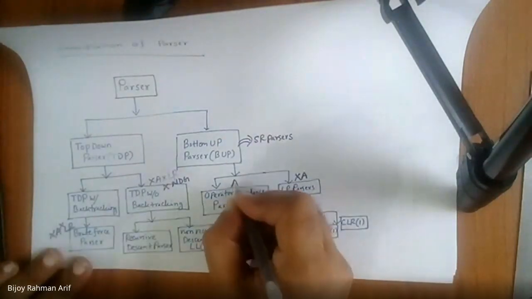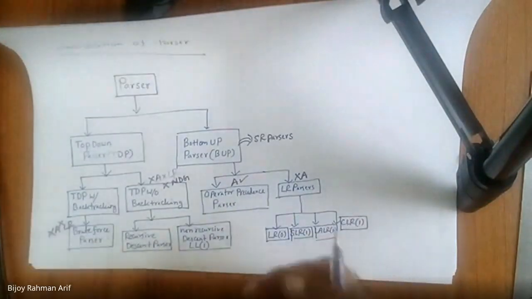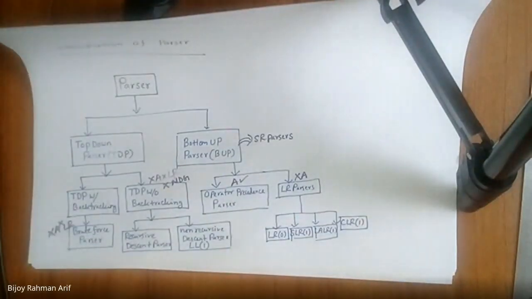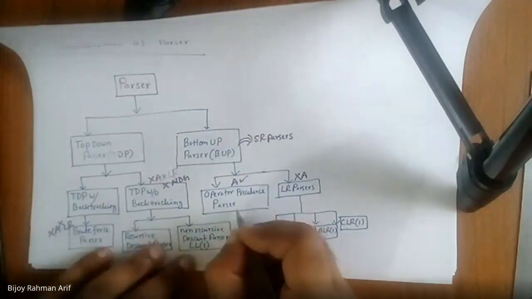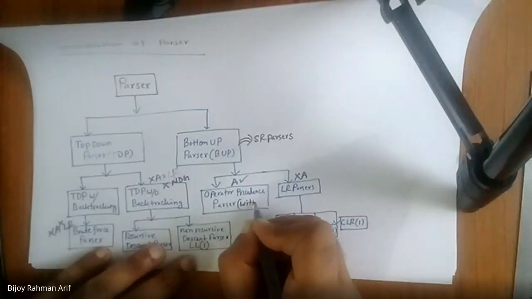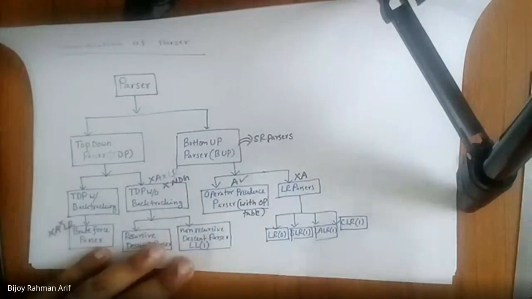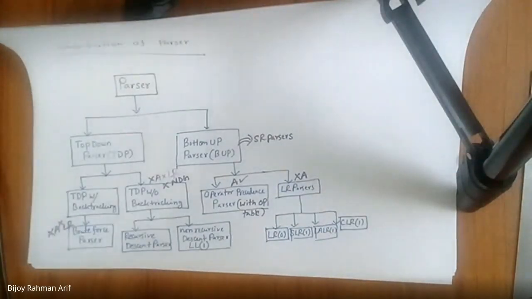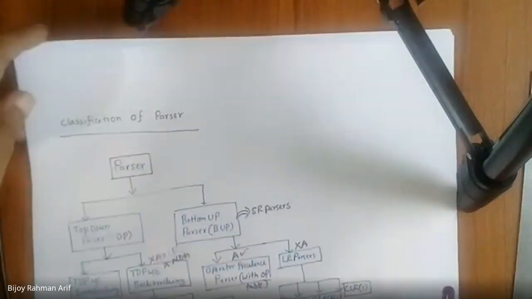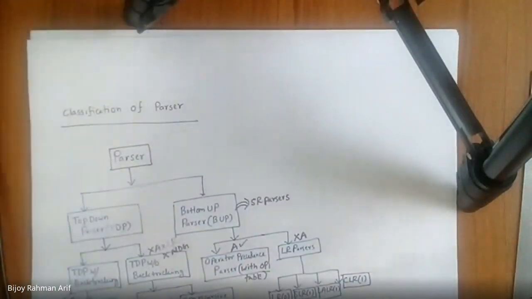Only this parser can use ambiguous grammar, but in a limited form, because there is a concept called table. Using the table, we are actually breaking out from ambiguous. So it should say with operator table, it can use ambiguous grammar. So do you have any question about this?